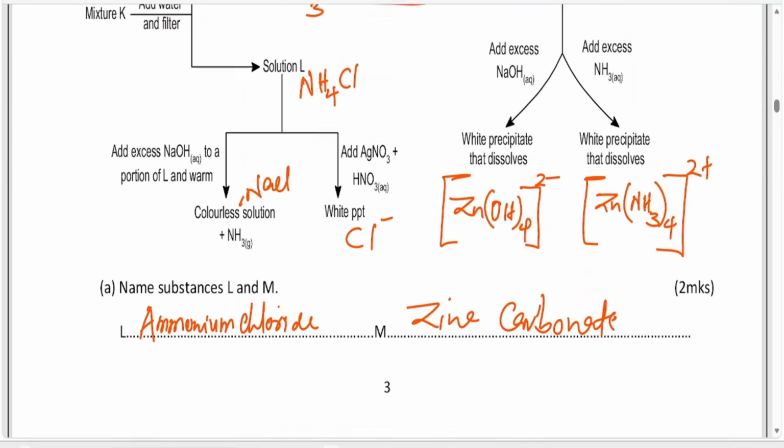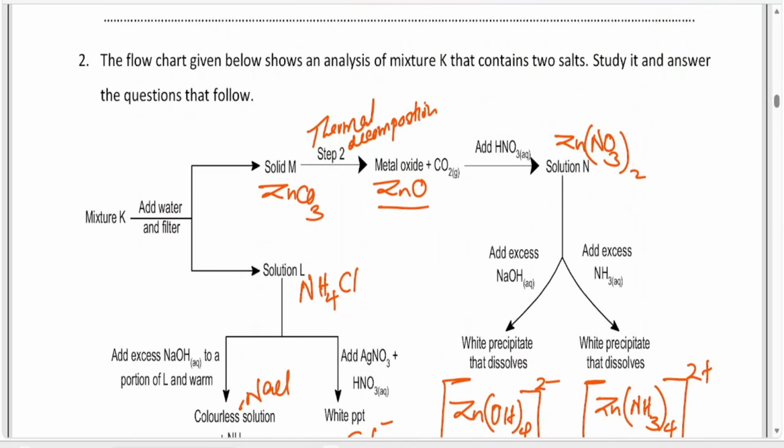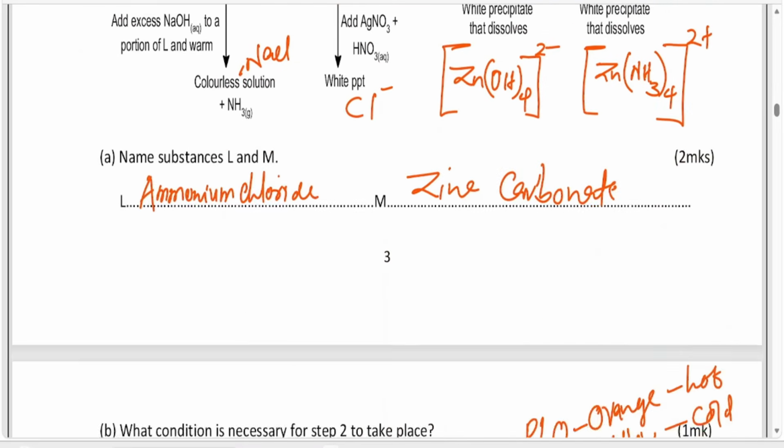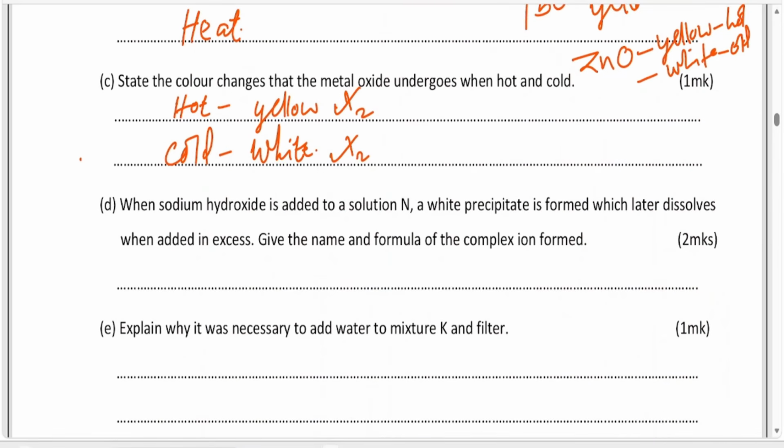We need to understand that solution N is zinc nitrate, meaning the solution contains zinc ions, and when we add excess sodium hydroxide to zinc ions, zinc hydroxide precipitate dissolves in excess to form a complex salt.